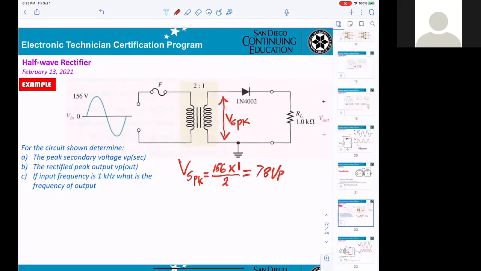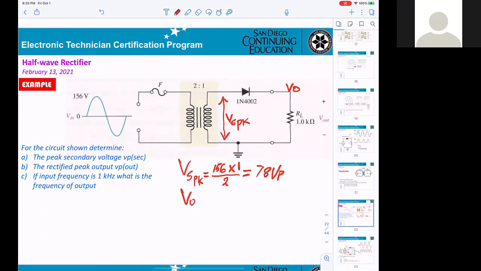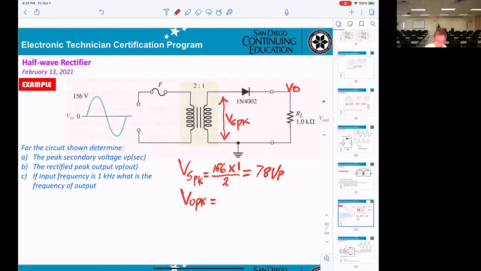Okay, and now this is the V out. Now you subtract 0.7. Exactly. V out peak will be equal to V peak minus 0.7, which is 77.3.